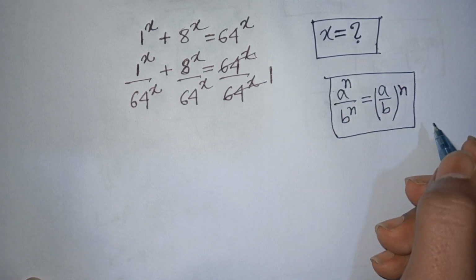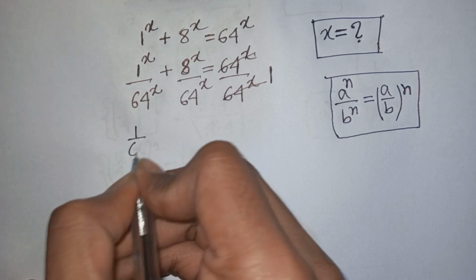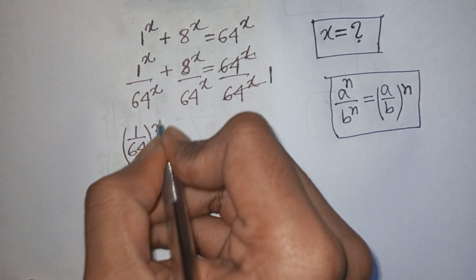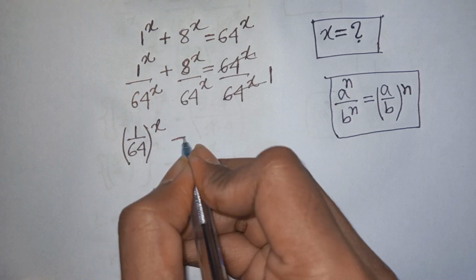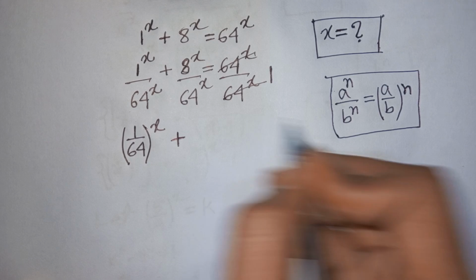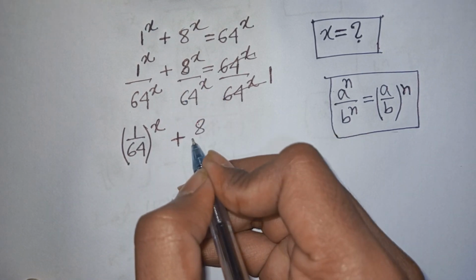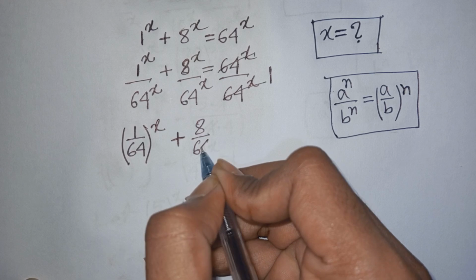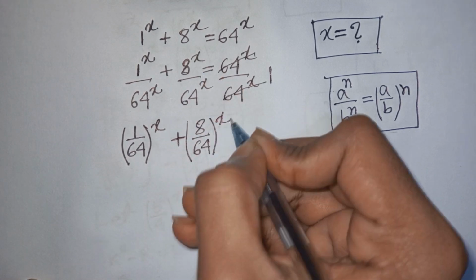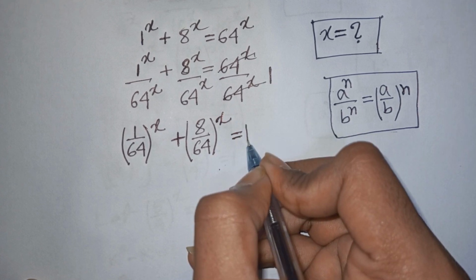So according to this rule, it will be 1 over 64, then bracket common power x, plus again x is the same power but different base. So apply this rule. So it will be 8 over 64, then bracket common power x is equal to 1.